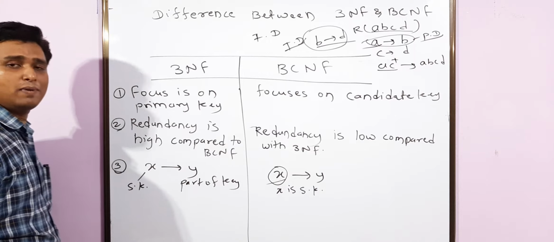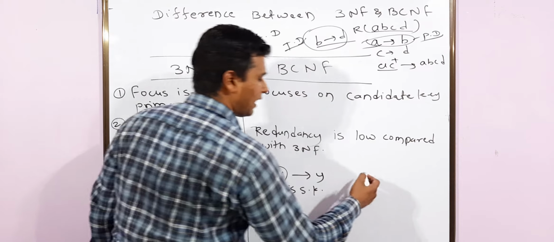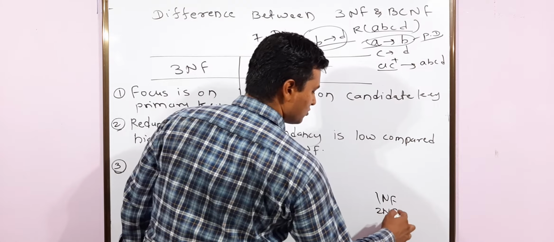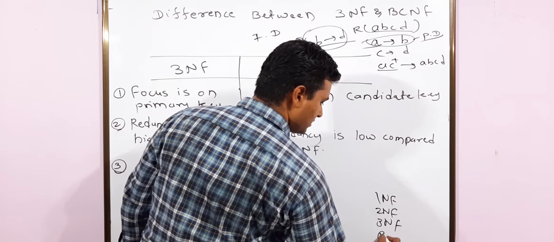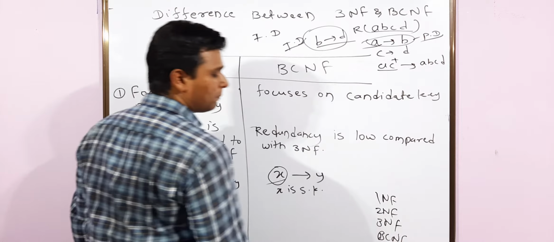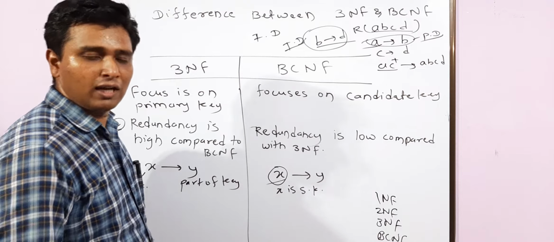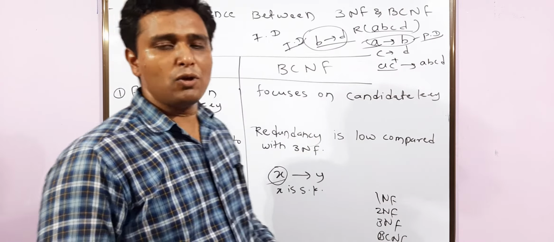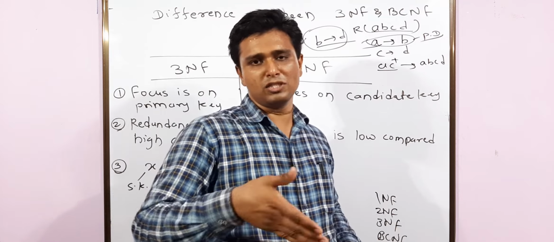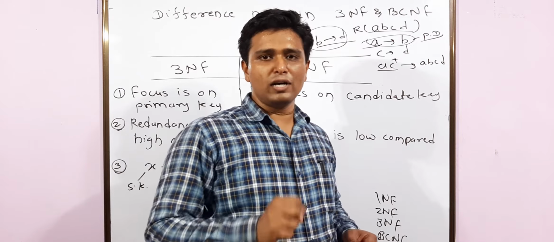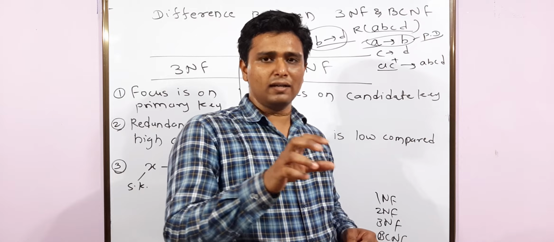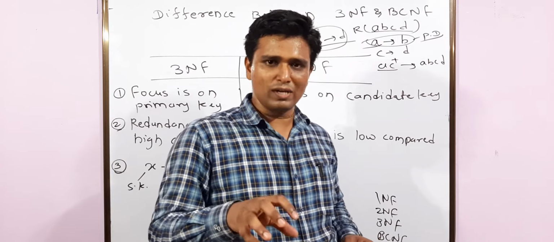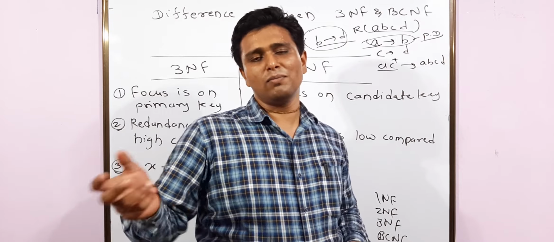Redundancy is high in 3NF compared to BCNF, because as we go to higher normal forms, in 1NF redundancy is high, then in 2NF redundancy is low, in 3NF redundancy is low, and in BCNF redundancy is lower. But query performance decreases with more normalization, because with more normalized, decomposed tables, retrieving data requires join operations, and writing and processing complex queries takes more time to retrieve data from different tables.